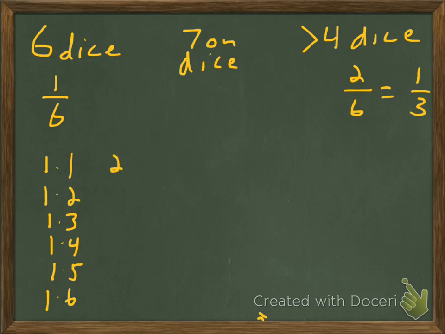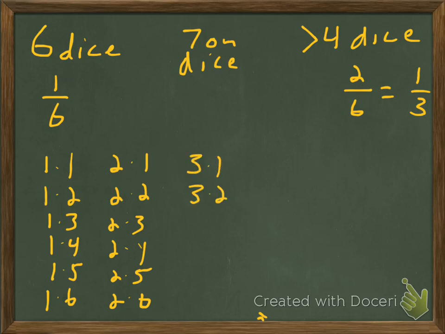If the first die is a 2, you can go 2 and 1, 2 and 2, 2 and 3, 2 and 4, 2 and 5, 2 and 6. Then 3 and 1, 3 and 2, 3 and 3, 3 and 4, 3 and 5, 3 and 6.